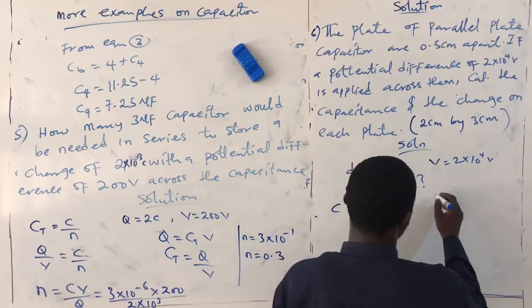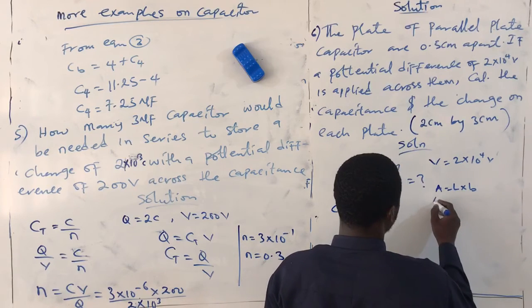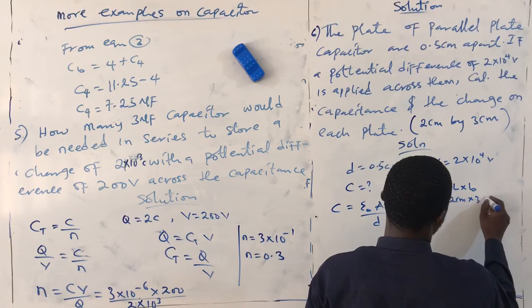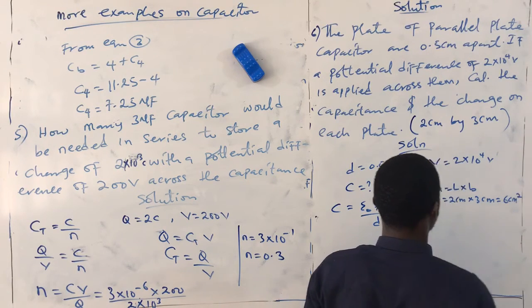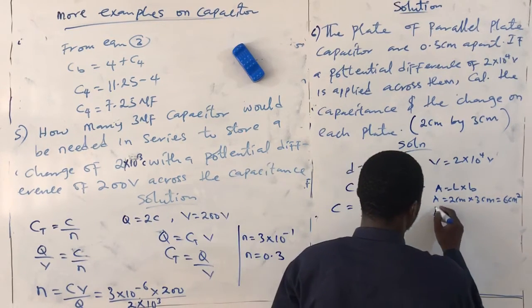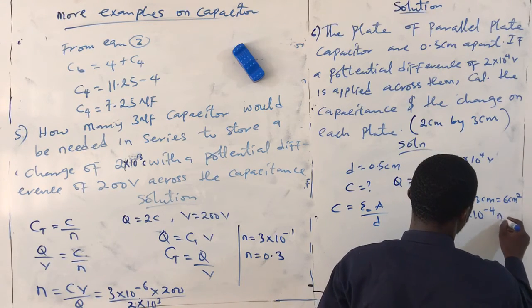So we know that our area is equal to length times breadth, which is 2 centimeter times 3 centimeter, which is 6 centimeter square. Converting 6 centimeter square into meter square, our area will be equal to 6 times 10 raised to power minus 4 meter square.